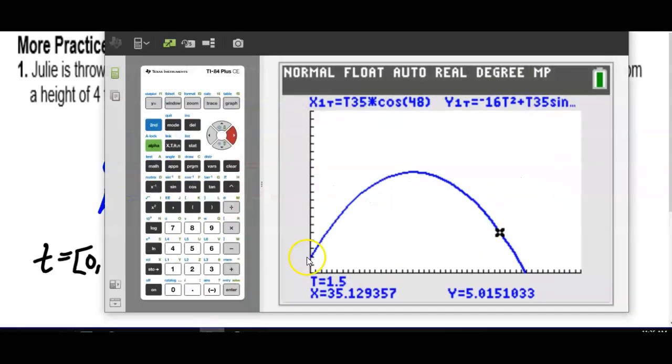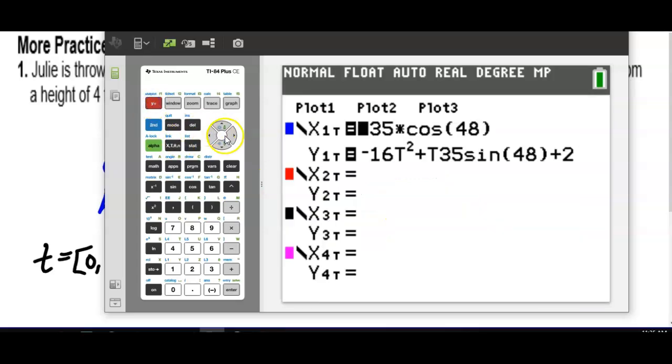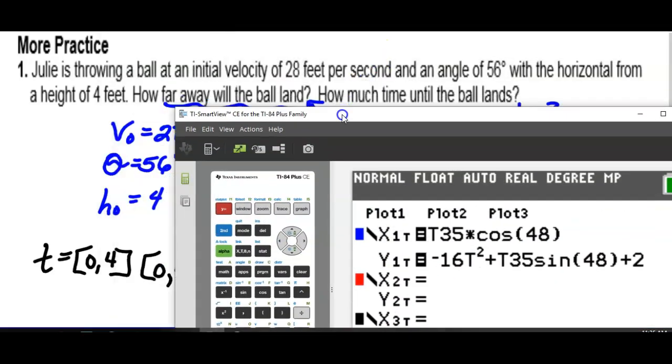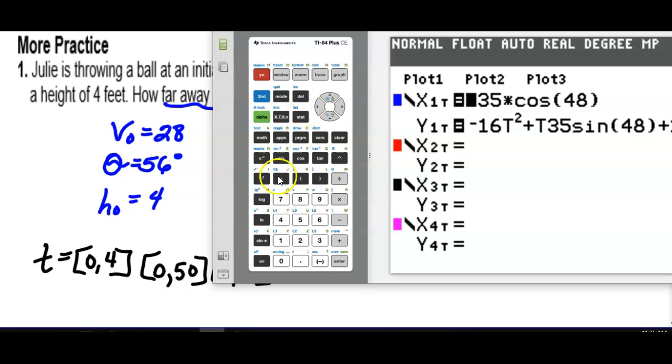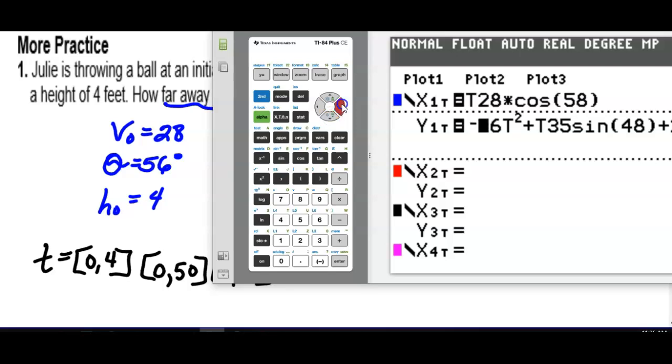All right, so calculator. Y equals, this time it was 28t, don't forget the t, then 28 cosine of 56, and negative 16t squared plus t times 28 sine of 56, and it was 4 feet up in the air this time.